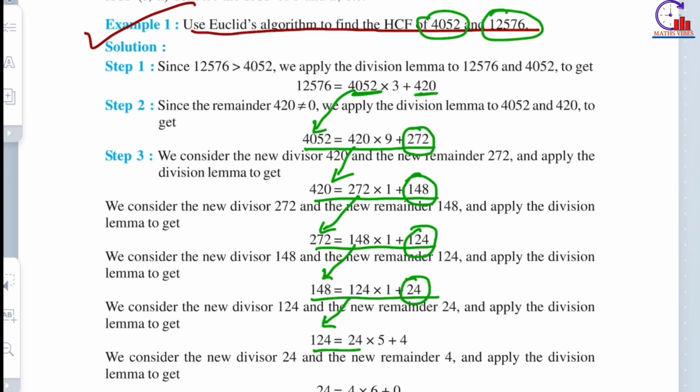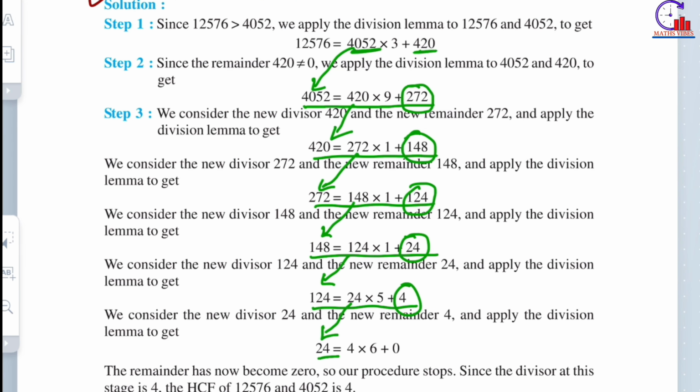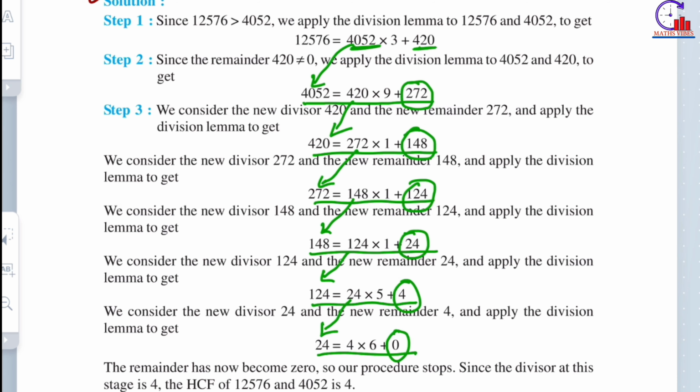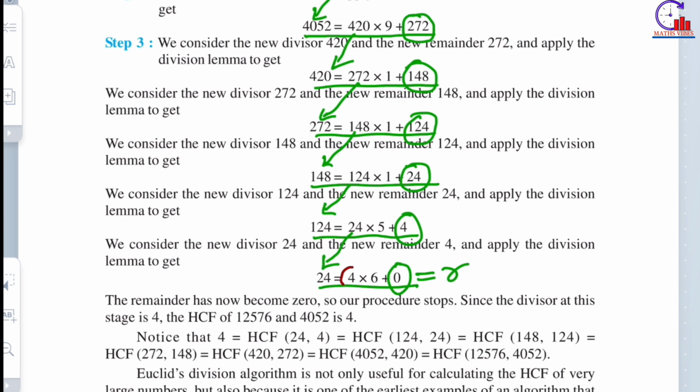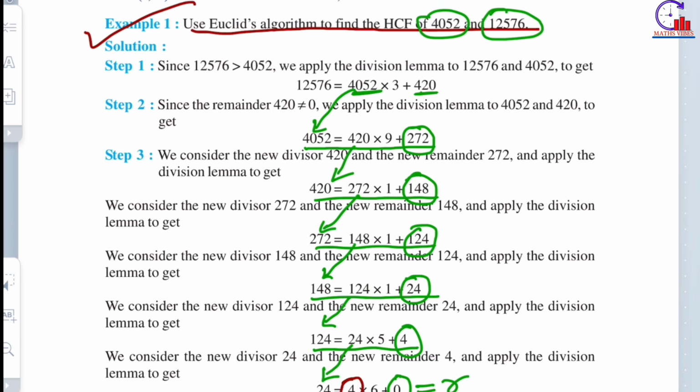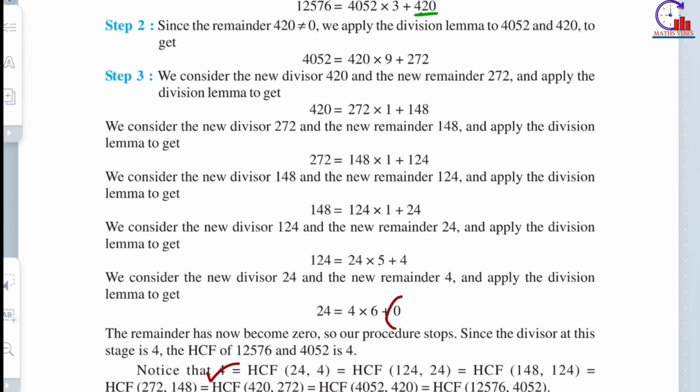Here in this step 4 is not equal to 0. That means you go to another step. Here the remainder is 0. That means this 4 is the HCF of these two numbers. Did you observe one thing? Here the remainder is 0.